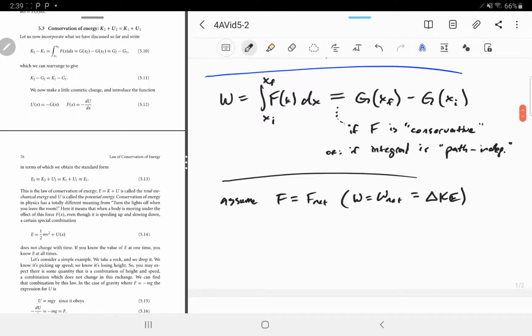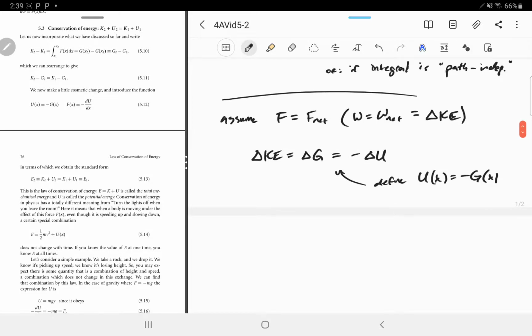So delta KE is equal to delta G, and we're going to define a new function. Define U of x is equal to minus G of x. G of x was the antiderivative of F, and U is just minus that function.